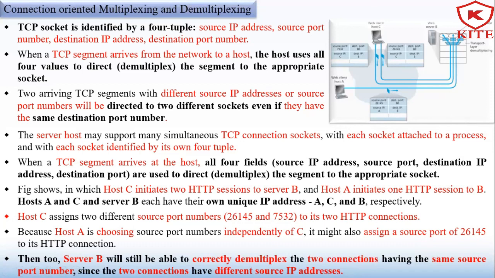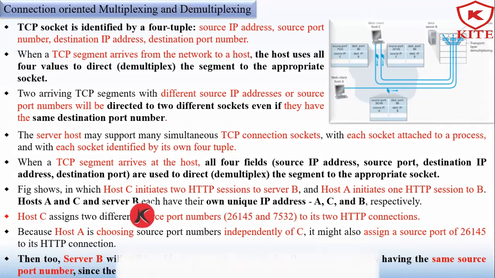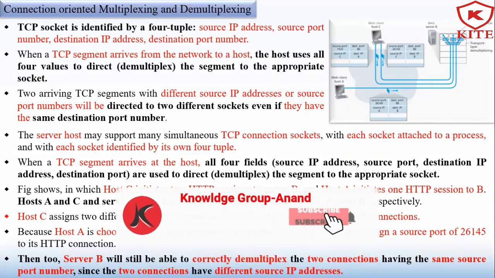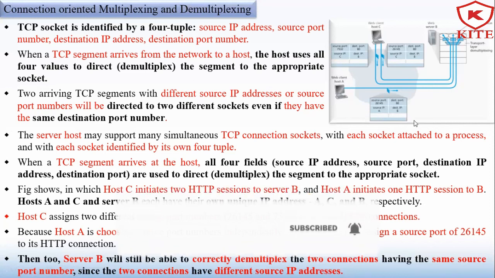Server B will still be able to correctly demultiplex the connections that have the same port number, since the connections have different source IP addresses. So this is the basic flow of how multiplexing and demultiplexing work in connection-oriented services.